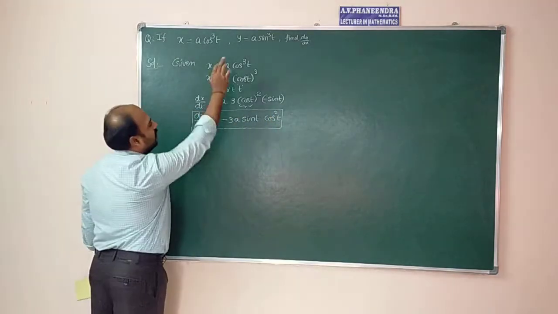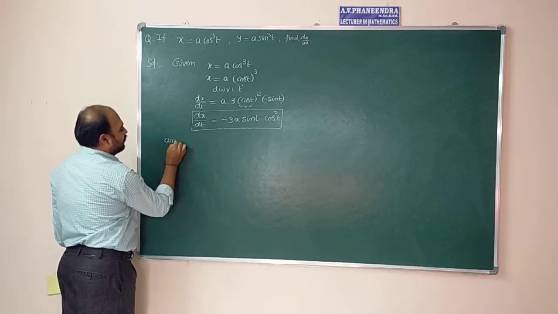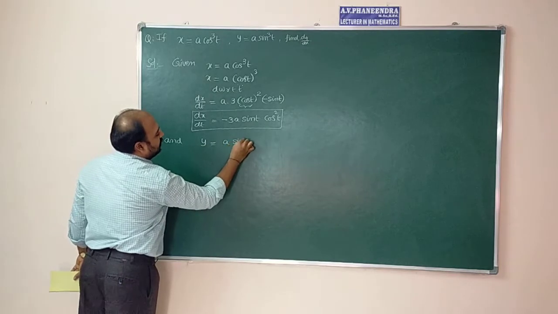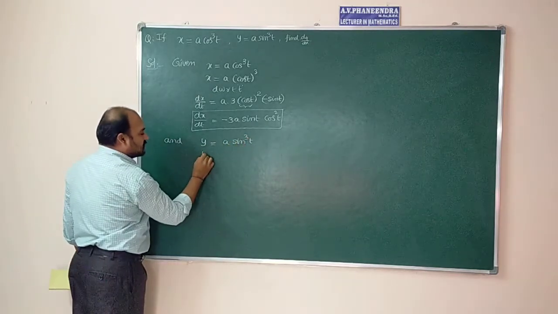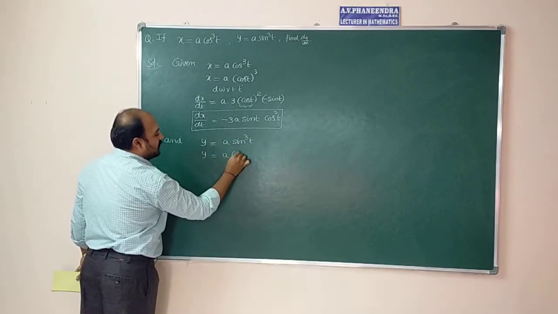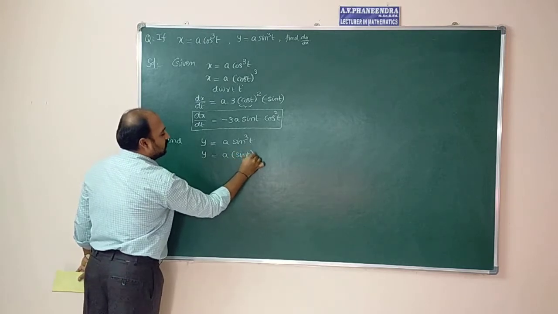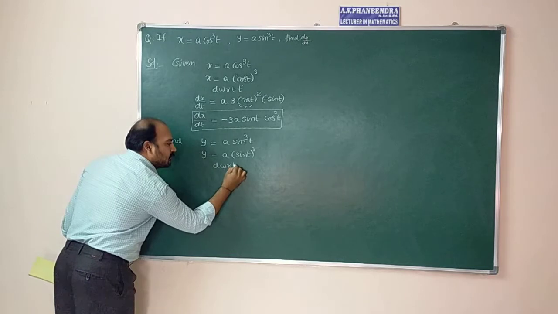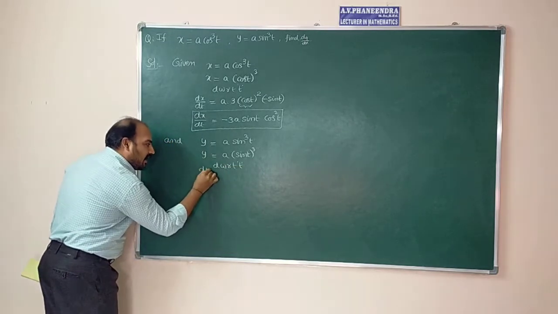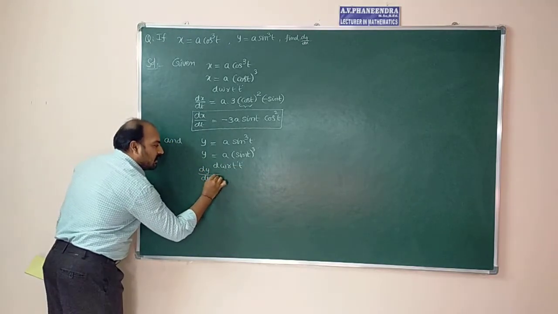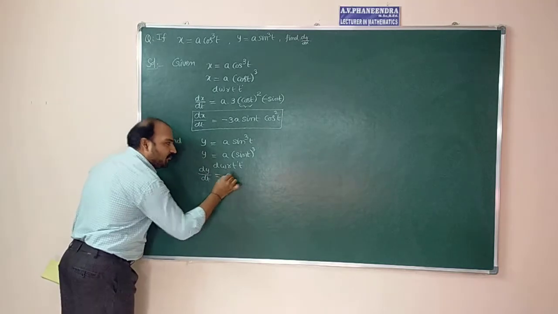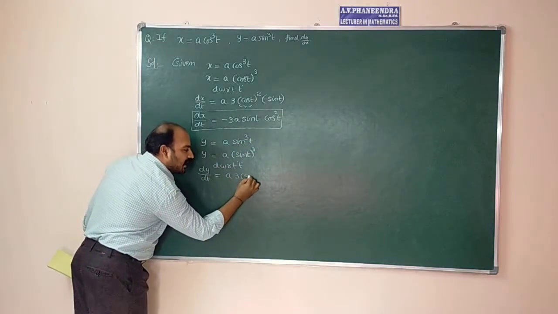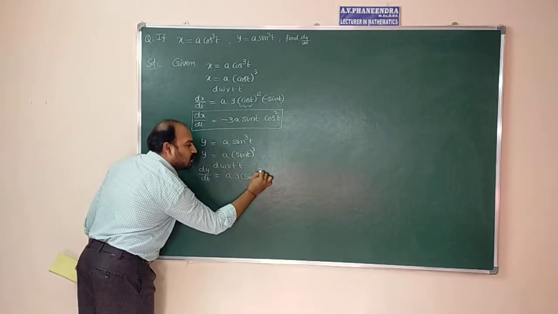In the same way, y is equal to a sin cube t. That means y is equal to a into sin t whole cube. Differentiate with respect to t. dy by dt is equal to a into the f of x whole power n formula: 3 into sin t whole power 3 minus 1, that is 2.